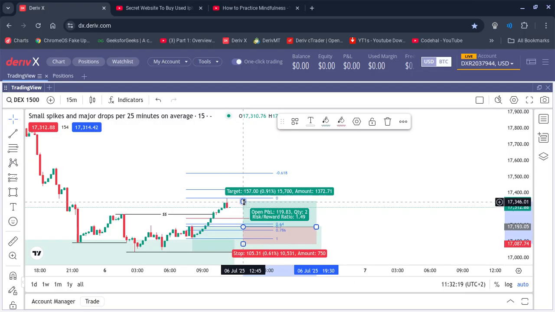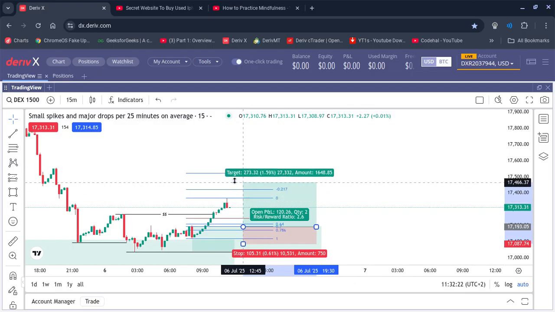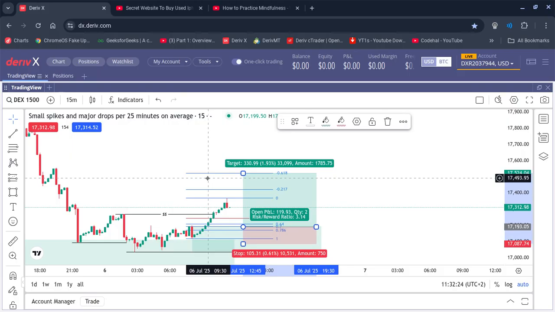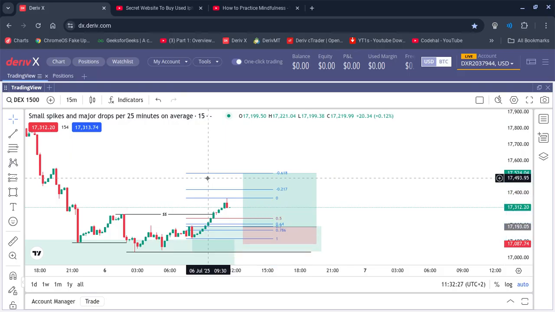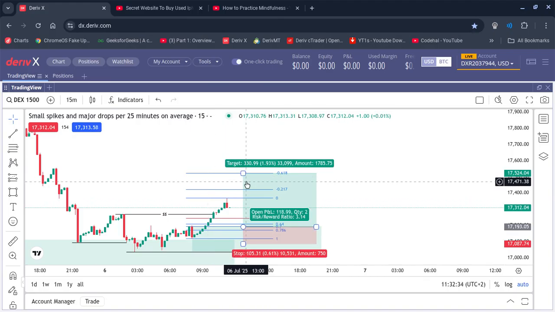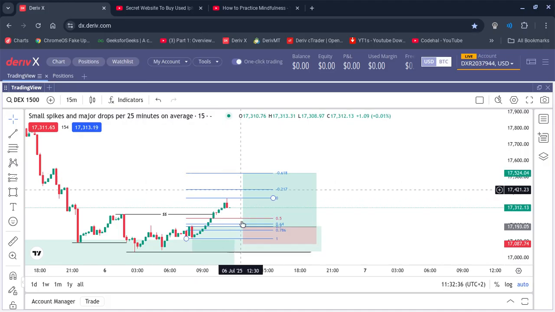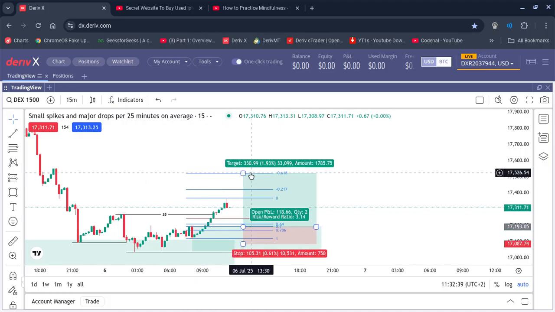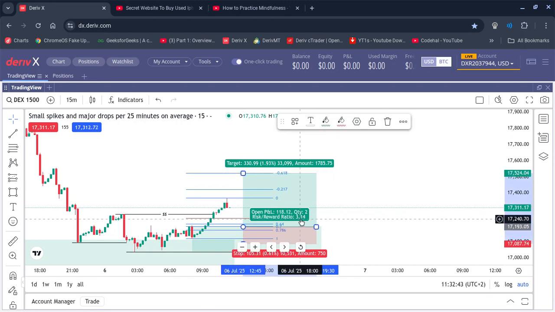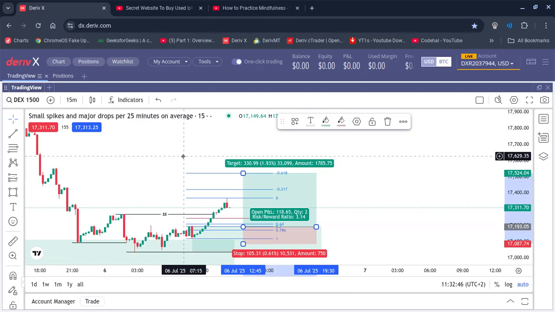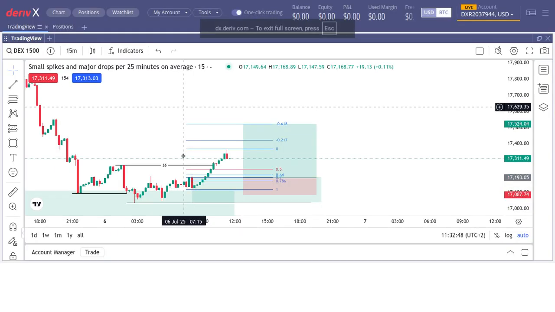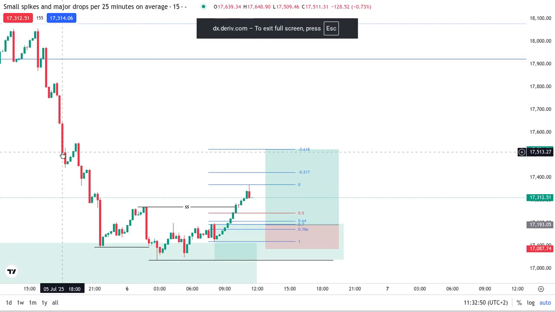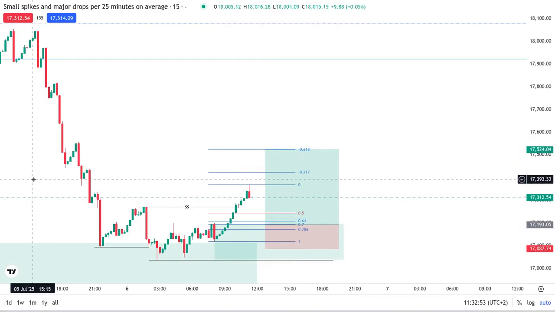For 0.01, that's going to be equal to like $1, 0.1 is going to be equal to $10, and 1 is going to be equal to $100. So we'll go with the one lot entry from here, take profit there at our second take profit of the fib, and we have a risk reward of 1 to 3. Okay, so this is our entry.